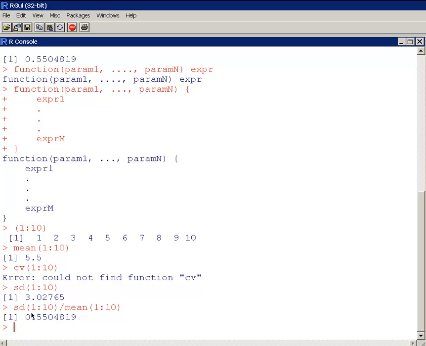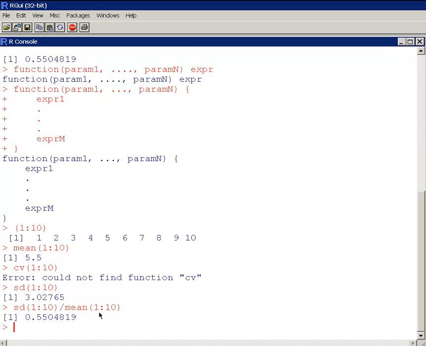Actually this has some meaning in statistics, this SD divided by the mean. If the mean is really large, then when you divide the standard deviation by it, it becomes quite small. So it means like the spread relative to the mean.